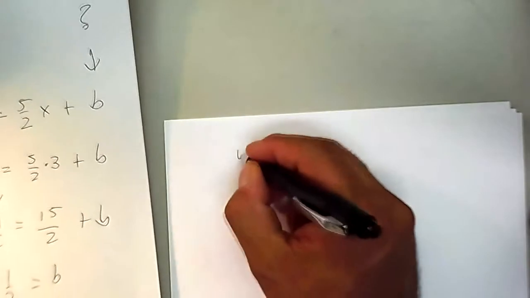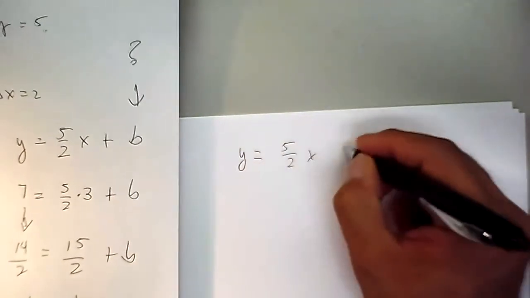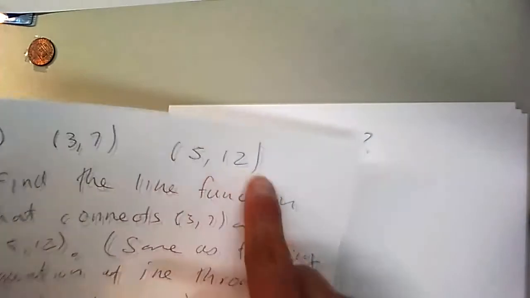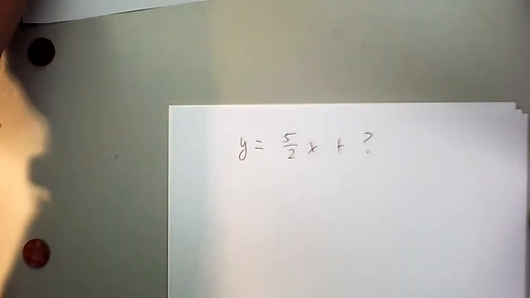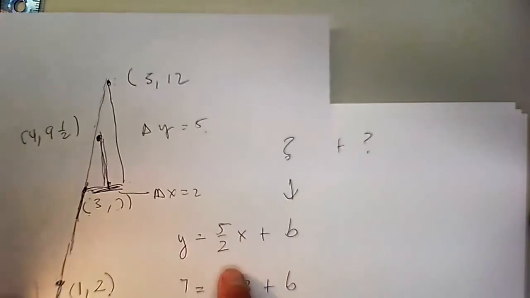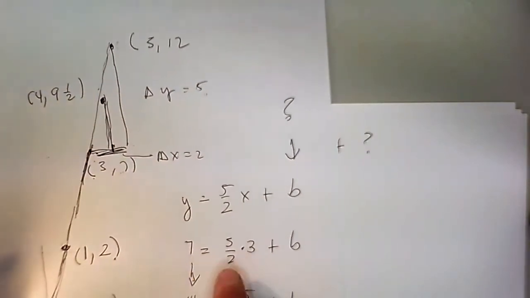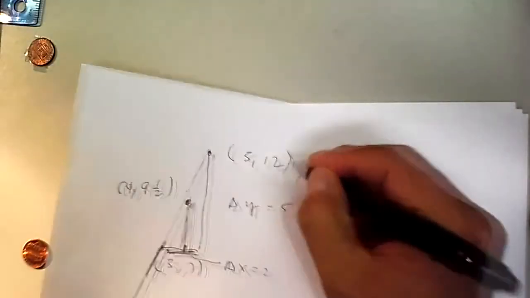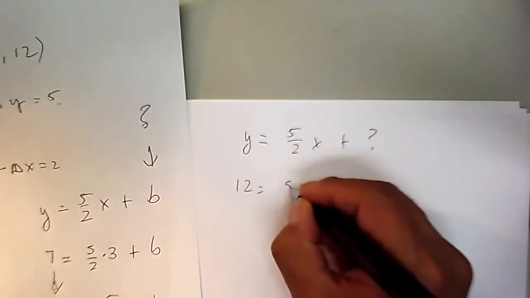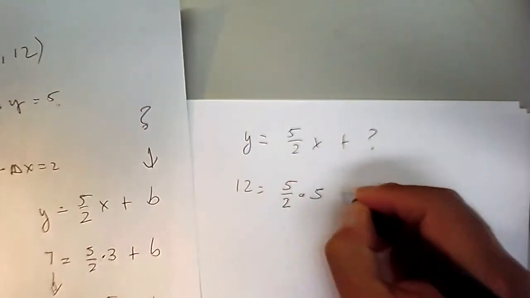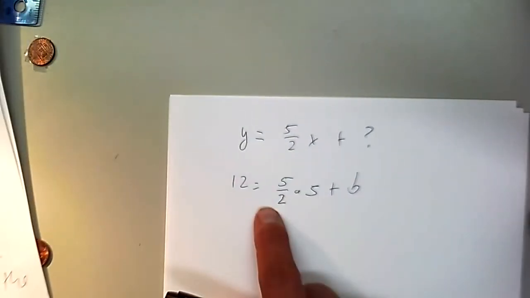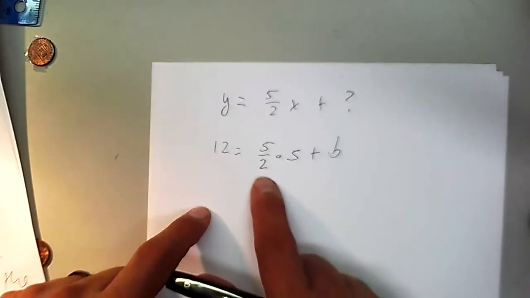So we did have y equals 5/2 x plus question mark. If we were going to use the other point, (5, 12), instead, because we did use, what did we use? We used (3, 7). But if we wanted to use the other point, (5, 12), we could. 12 equals 5 over 2 times 5 plus b. So pretend there is a number b and find what it is based on the given information.